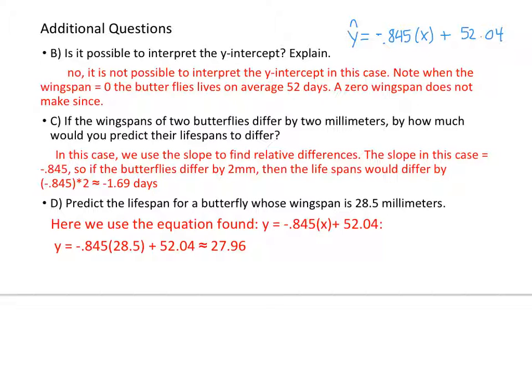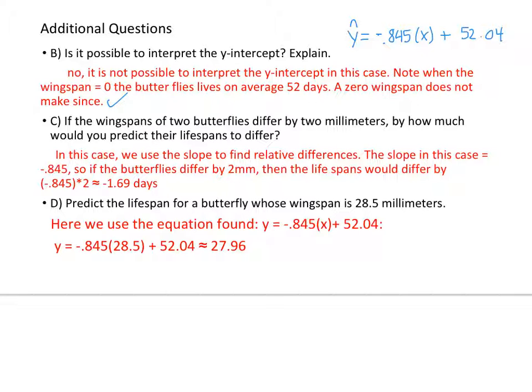And the question is, is it possible to interpret the y-intercept? Explain. No, it's not possible to interpret the y-intercept in this case. We note that when the wingspan is 0, so when we put 0 in for x, the butterfly lives on average 52 days. A 0 wingspan does not make sense in this case.